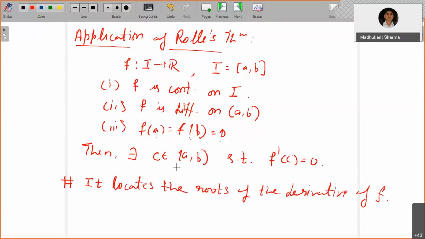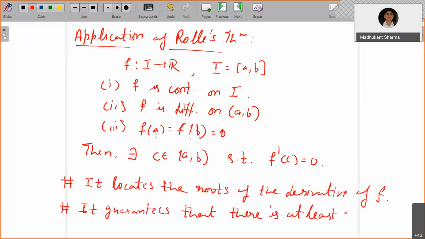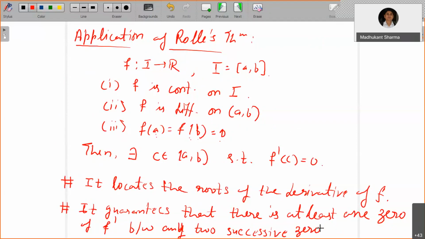Indeed, it guarantees that there is at least one zero of f dash between any two successive zeros of f. Okay, right.